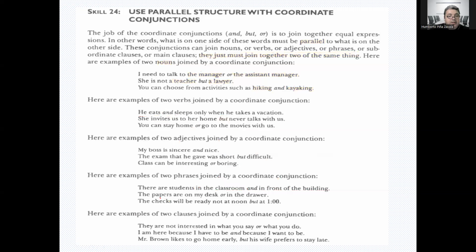The papers are on my desk or in the drawer. Right? On my desk, in the drawer. The check will be ready not at noon, but at 1. This is a time expression, a time phrase.